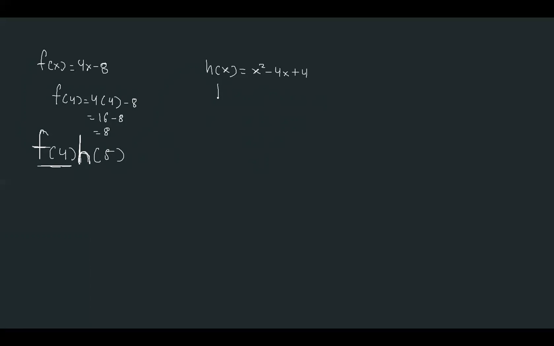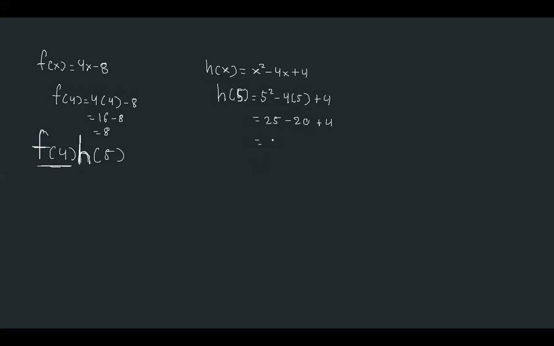So now let's find h of 5. So for h of 5, we're just going to substitute 5 for the x. Wait, hold on. So this would be 5 squared minus 4 times 5 plus 4. So this would be 25 minus 5 times negative 4 is 20. Then plus 4.